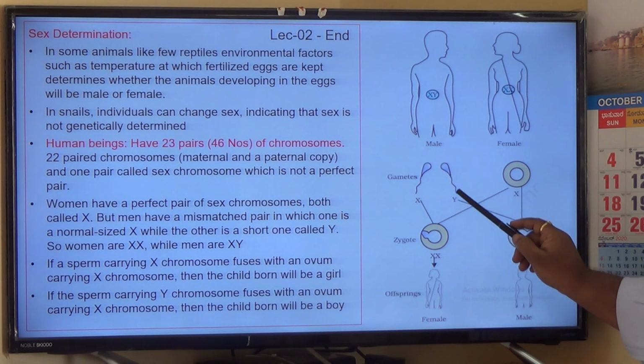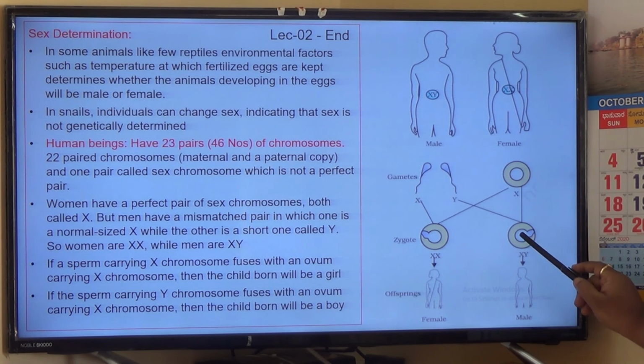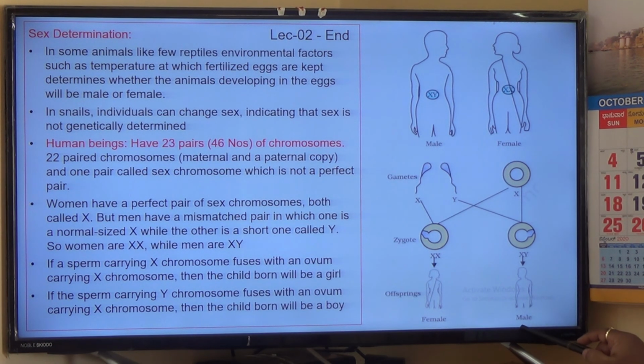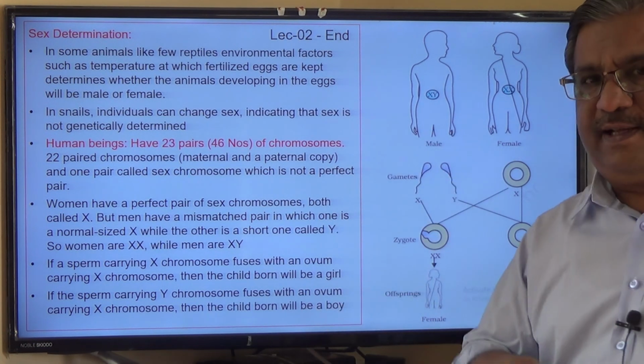If the sperm containing a Y chromosome fuses with an egg containing an X chromosome, then the zygote's genetic composition is XY. In this case, a male child is born. The baby born is male. And this is how the sex is determined. So, please make a note of this and also this diagram.